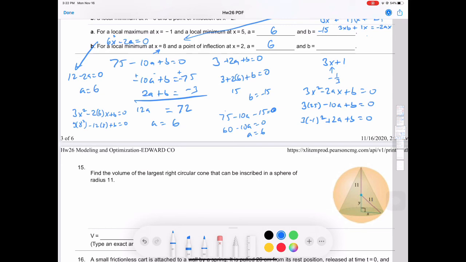And that'll be 64 times 3 is a huge number. 64 times 3 is 192 minus 96 plus b is 0. That's going to be 98, I think. 98 plus b is equal to 0. b is equal to negative 98, perhaps.